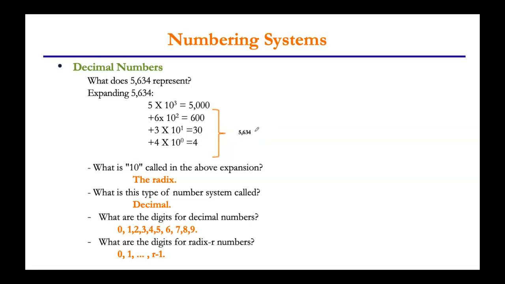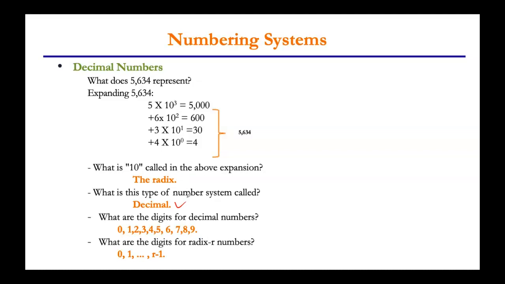From this, what can we observe in this number system? What is this 10 by which we multiply every time? This is called the radix of the number system. If the radix is 10, we call it decimal.